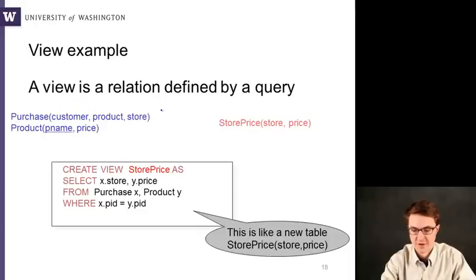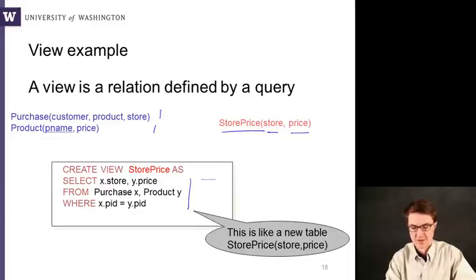Given the schema purchase and product, define a view called store price with two columns, store and price, that has this definition: select store and select price from purchase and product where the product IDs are equal.